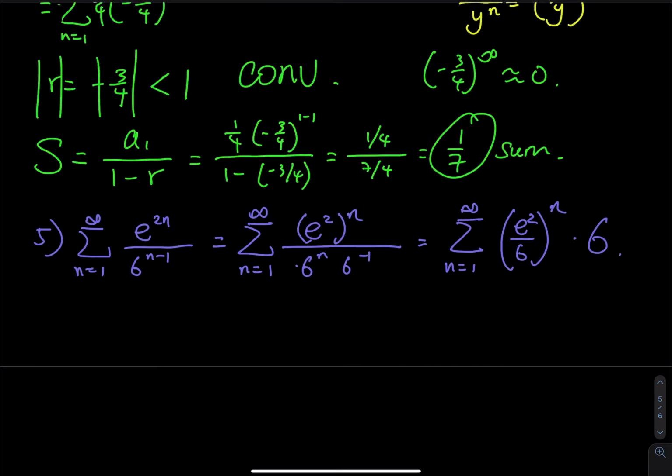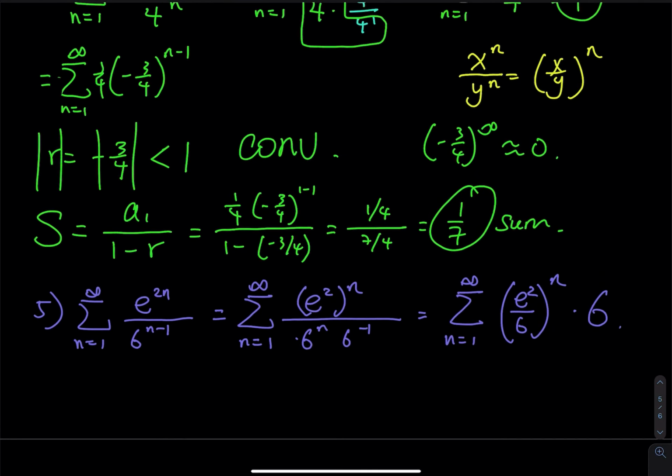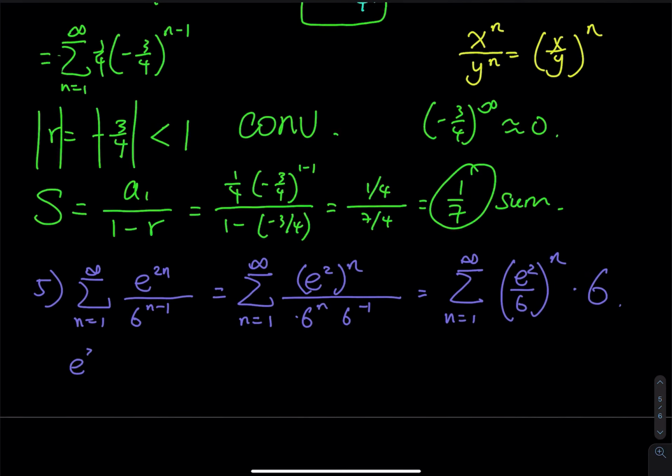The common ratio is e squared divided by 6. Is that greater than 1? This is approximately equal to 1.23. So the absolute value of 1.23 is greater than 1. So the series is divergent.